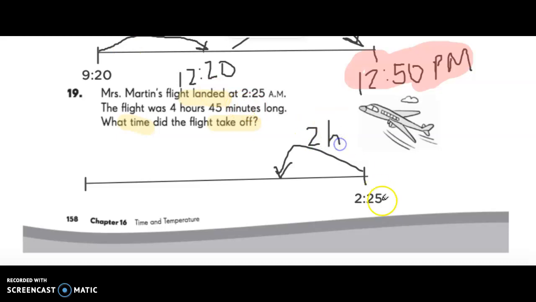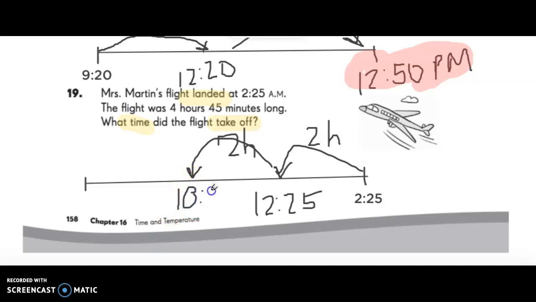So going back from 2:25 would be 1:25, 12:25. And then I need to go back an additional 2 hours to complete my 4 hours. So 12:25, back 1 hour would be 11:25, back another hour would be 10:25.